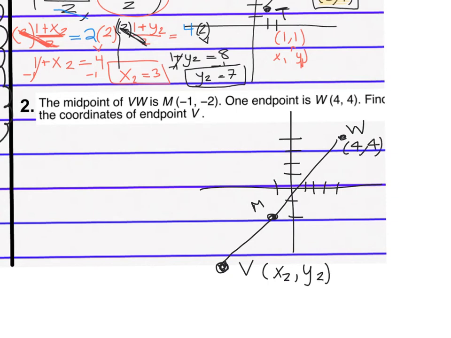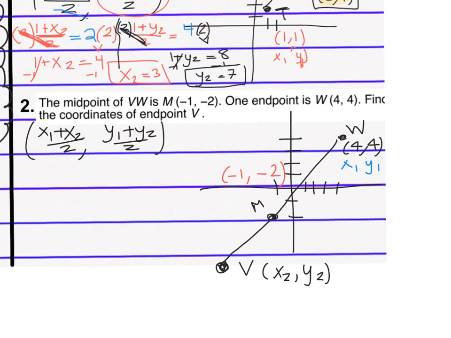That's my x1, y1. And M is at (-1, -2). So start out with your midpoint formula, x1 plus x2 divided by 2. You're finding the average. y1 plus y2 divided by 2, finding the average. So see how far you can get.